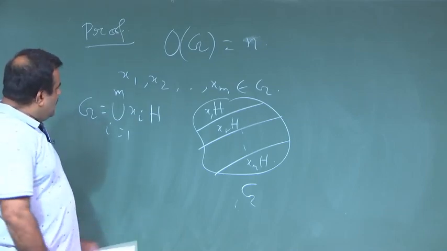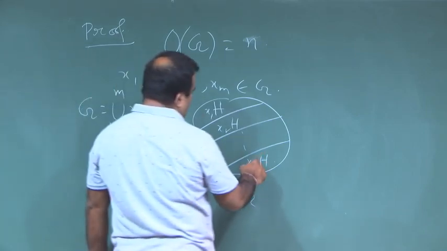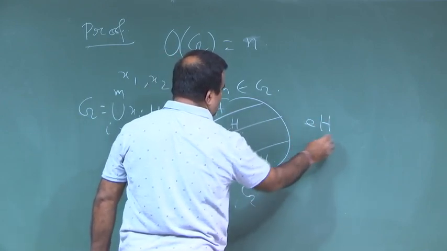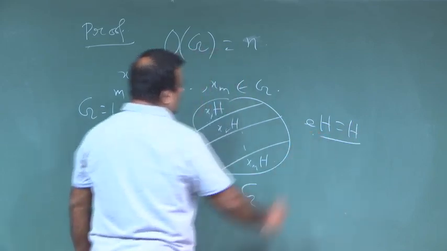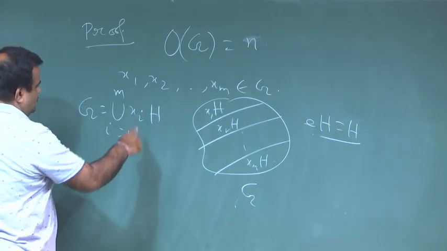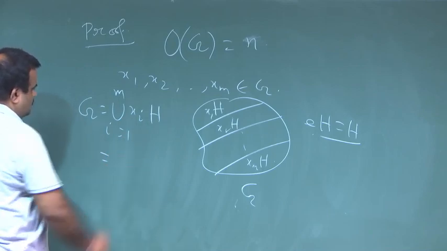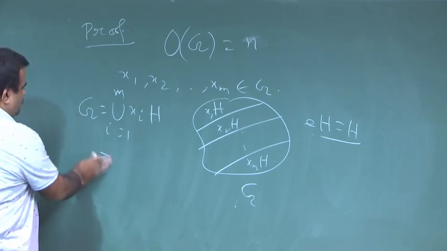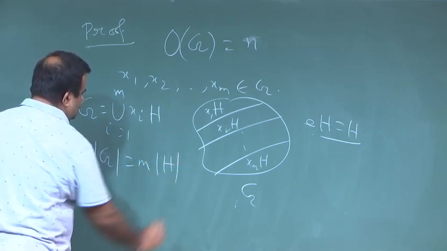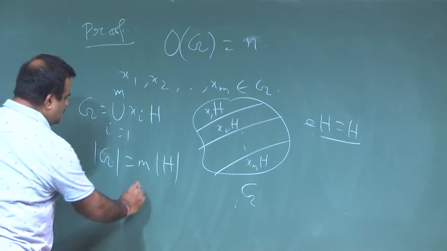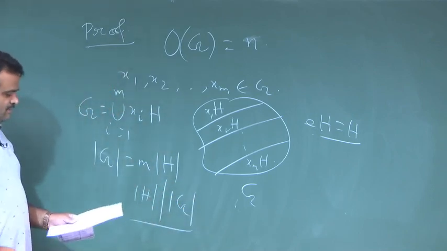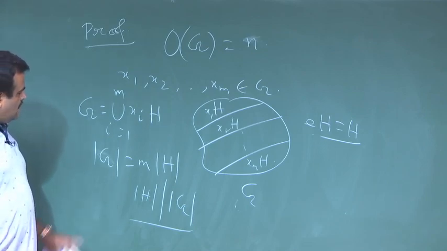And H is also a coset, because H coset will give us eH, because e H is the same as H. So, each coset has order of H. So, basically the cardinality of G is m times the cardinality of H. Now, this means the cardinality of H divides the cardinality of G, and this is happening because this is finite.